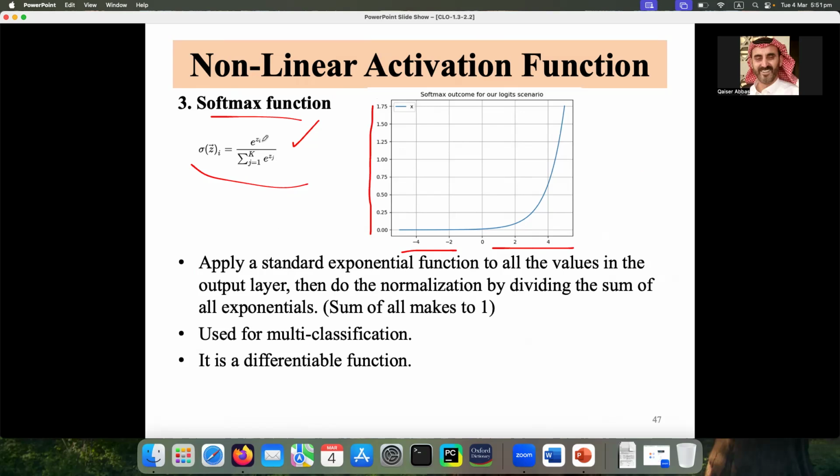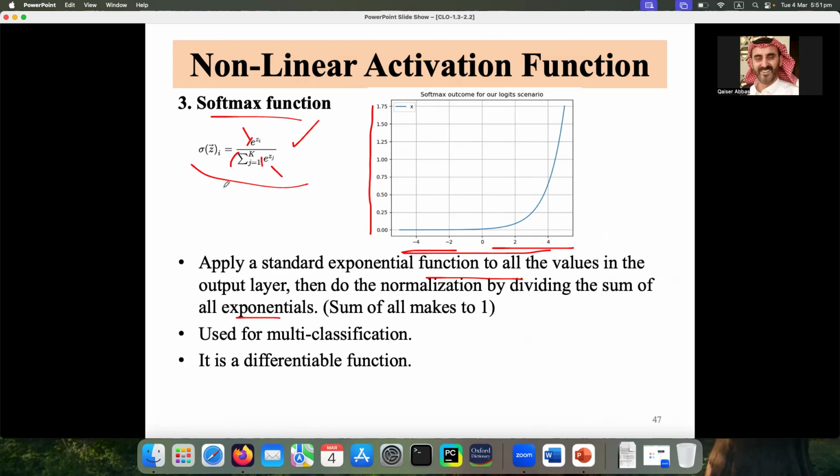We apply this standard exponential function to all the values we have here in the x. Then we normalize it by dividing by the sum of all the exponentials.